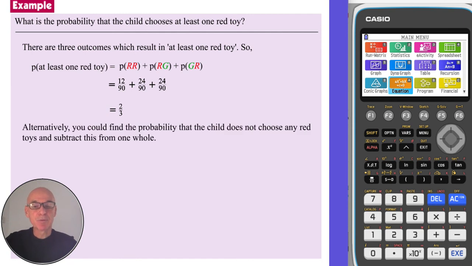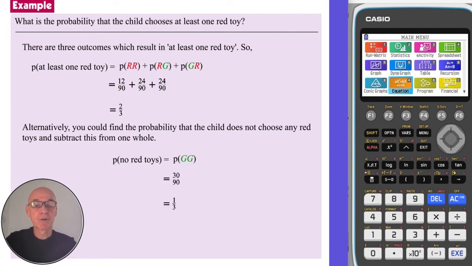Another way to solve this problem is to use the law of complementary events. In other words, find the probability which is the complement of at least one red toy, that being the probability of no red toys, and then subtracting that from 1. The probability of choosing no red toys means that the child picks 2 green toys.